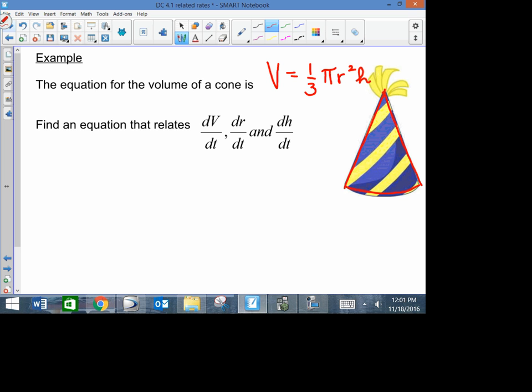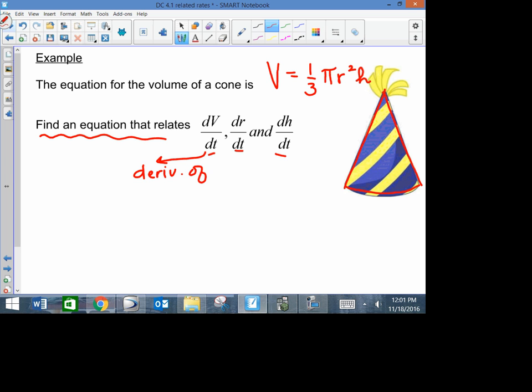Okay, now, just to kind of get ready for the related rates, we're not going to start any kind of problem because we don't have anything. We are going to just figure out how dV/dt, dr/dt, and dh/dt are going to show up in this. Okay, so the dV/dt means what?